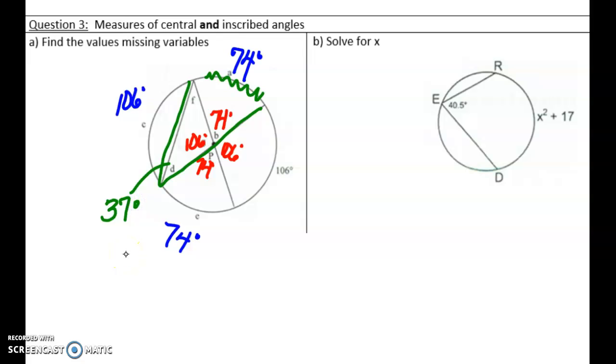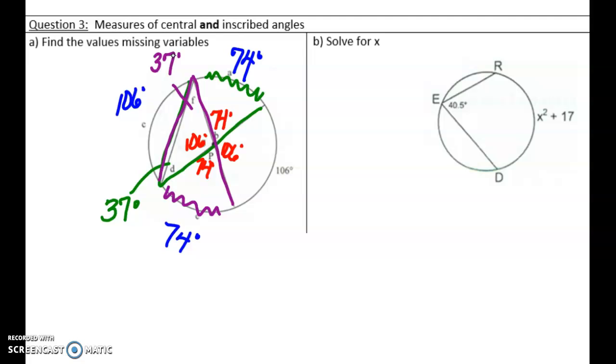Does that make sense? Then we do the same thing for F. F is made up of this segment and this segment. Here is the intercepted arc. So F is also going to be 37. And it looks smaller than the central angle, so that makes sense to us.